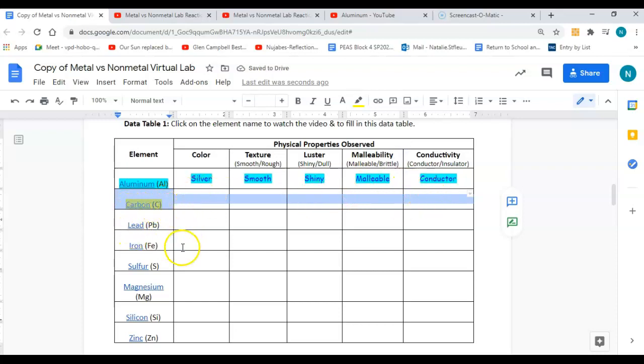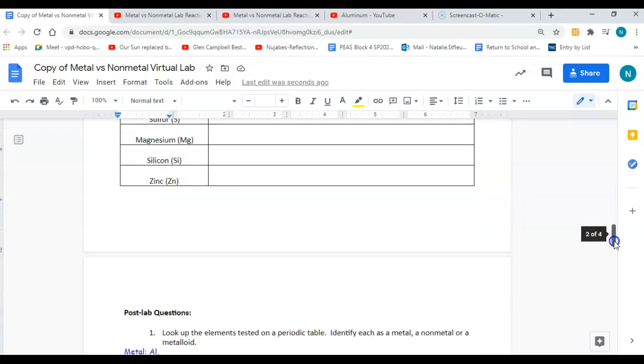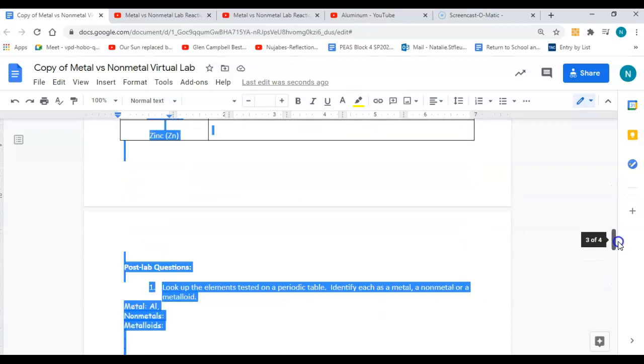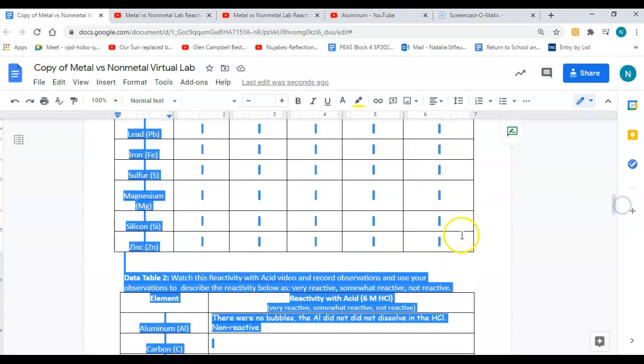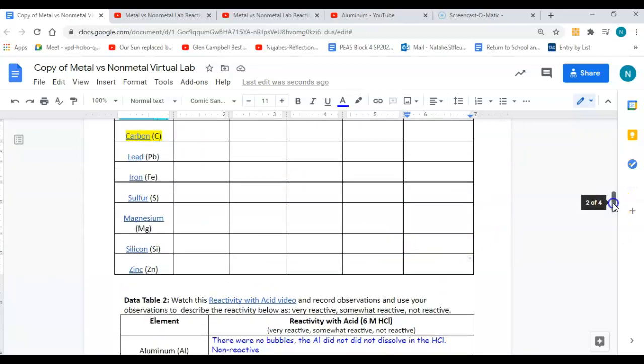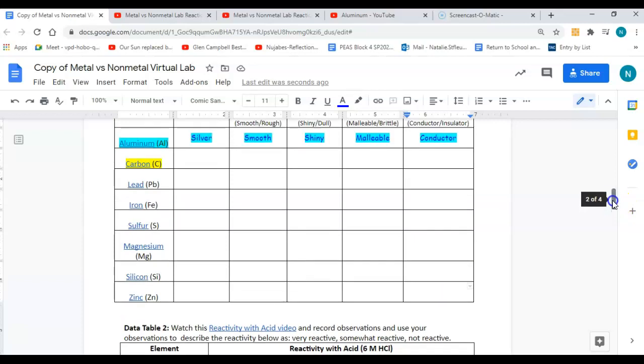And then highlight all the metals and non-metals in yellow and blue and leave your metalloid alone. Don't highlight your metalloid. And then go back and compare the properties that you have so you can see which properties metals have, which ones non-metals have. And that will help you with this question here, because once you've done that, you will then compare the properties of your metals, the properties that metals have in common, to the properties of that metalloid you're looking at.